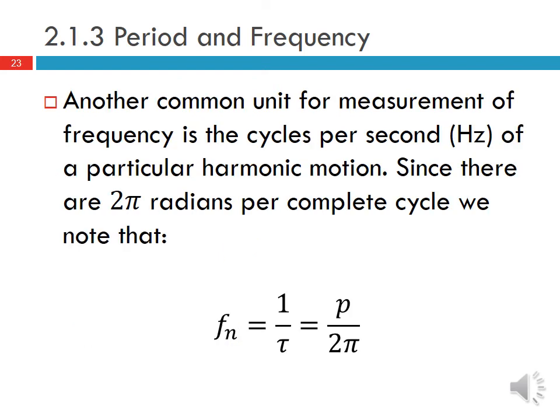Another common unit for measurement of frequency is in cycles per second, or hertz, of a particular harmonic motion. Since there are 2 pi radians per complete cycle, we can note that the frequency in hertz is just 1 over tau, which is p over 2 pi. So we quite often have to convert between radians per second and hertz, so this is a useful relation.